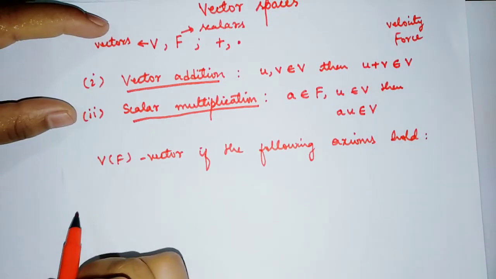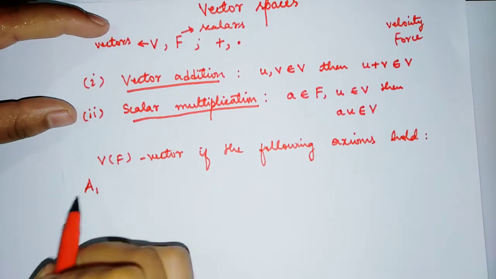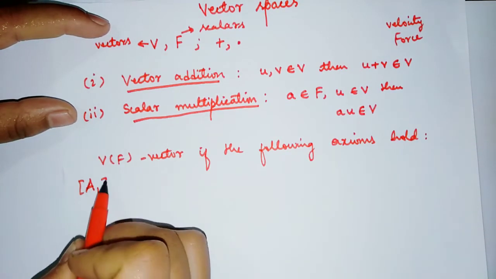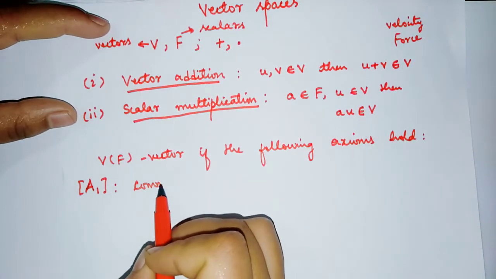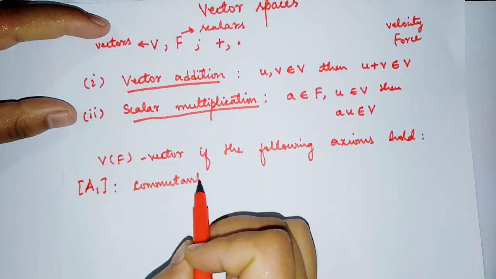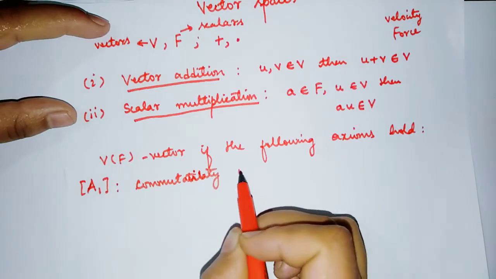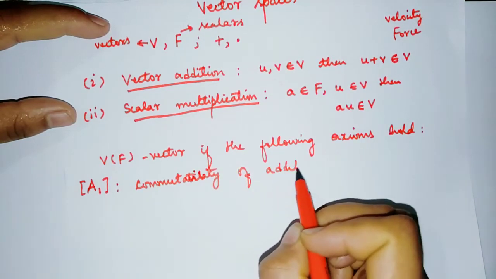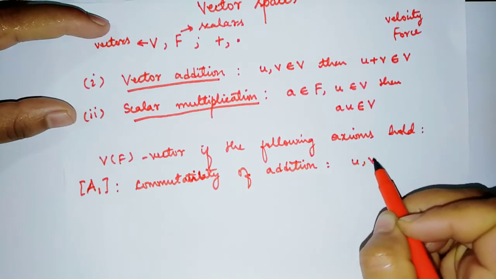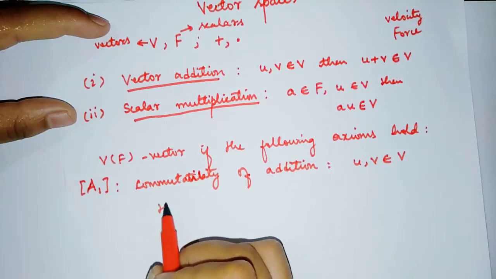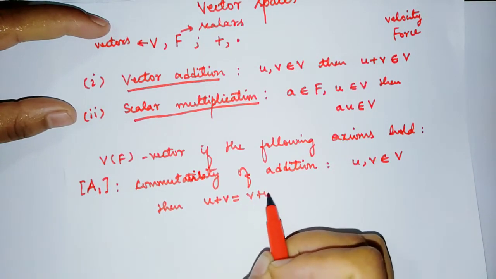So the first one would be for addition, which we denote by A1. A means addition, okay? The first one, commutativity of addition. If we take two vectors u and v from V, then u plus v should equal v plus u.